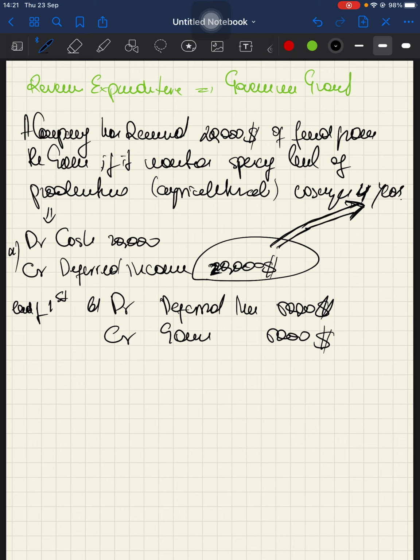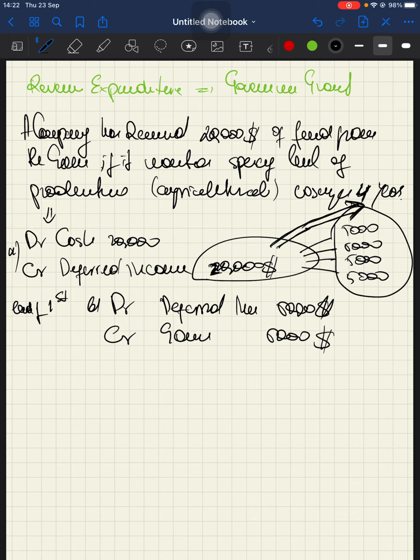Why? Because 20,000 is to be divided into 4 parts: 5,000 the first year, 5,000 the second year, 5,000 the third year, and 5,000 in the fourth year. So in the 4 years the cumulative amount of gain that will be recognized is 20,000.